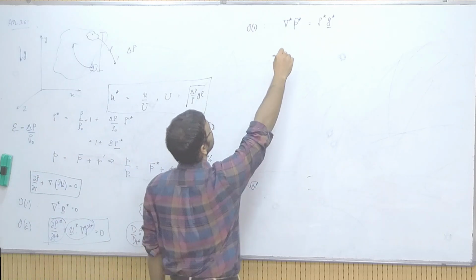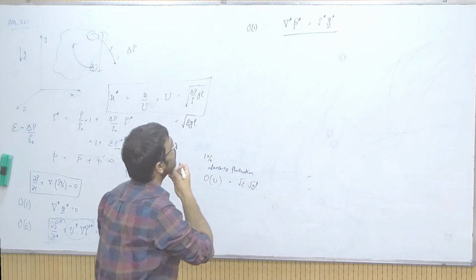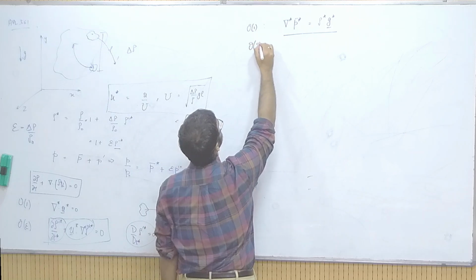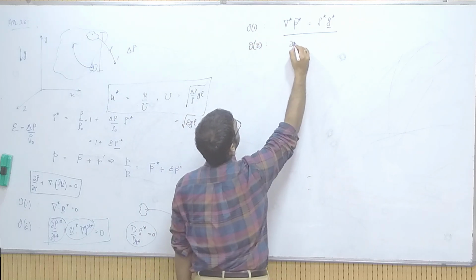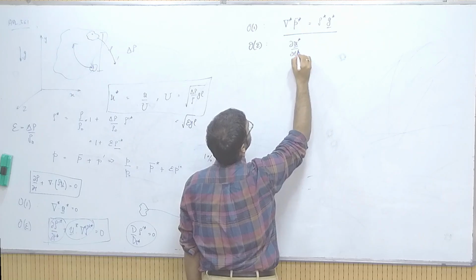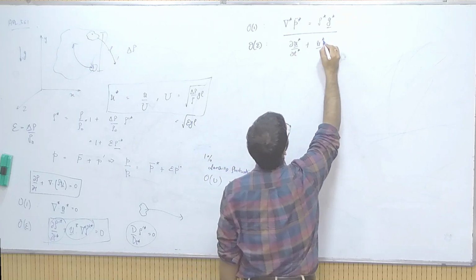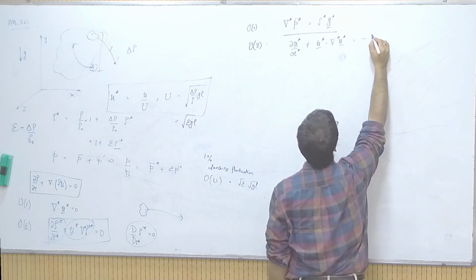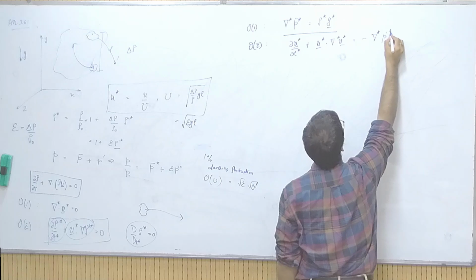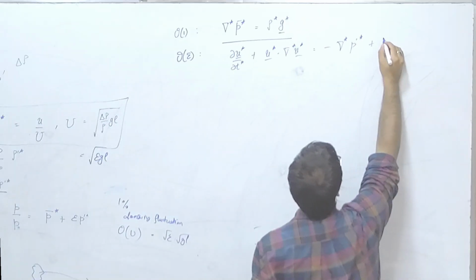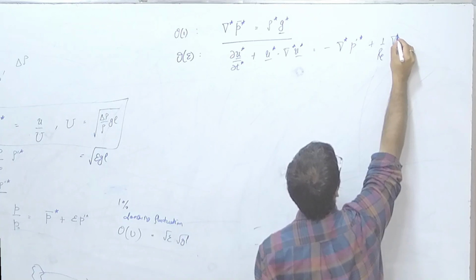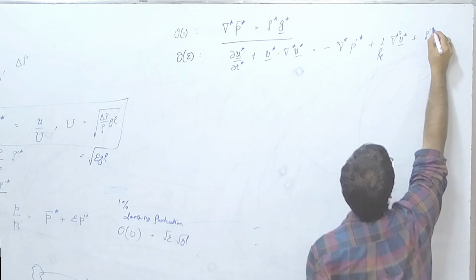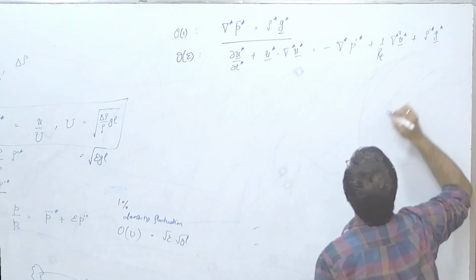Anyway, this is what we have at order 1 in the momentum equation, and at order epsilon we had derived that del u star over del t star plus this term equals minus grad star p prime star plus 1 by Re del star square u star plus a rho prime star g star.